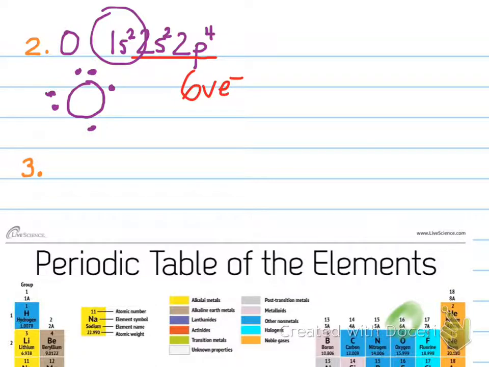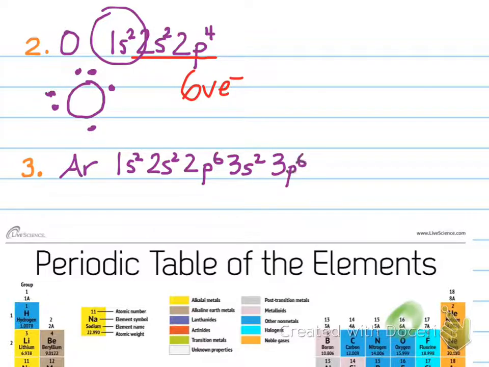Lastly, we're going to look at argon. Again, we're going to write the complete electron configuration of argon, which is 1s2, 2s2, 2p6, 3s2, 3p6. Again, the highest occupied energy level, that outermost shell, is the 3s2, 3p6.